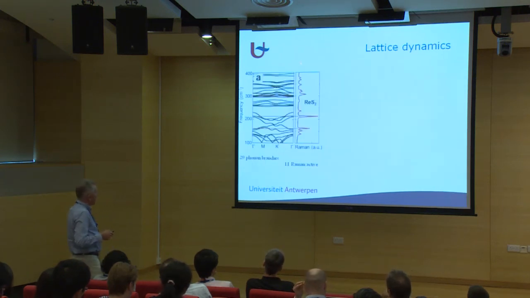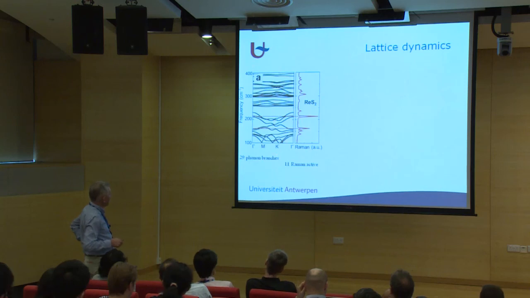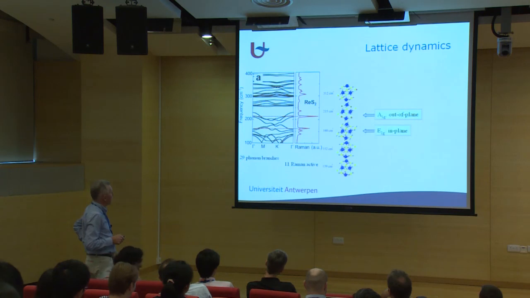So this here is the experimental result for the Raman spectrum. And that's now the calculated phonon spectrum in the window of 100 to 400 cm^-1. So we have about 29 phonon branches, and in the Raman spectrum you find about 11 peaks or Raman active modes.